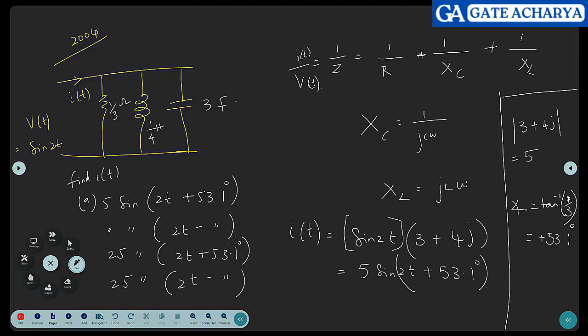Omega is 2. How did I say omega 2? Sin 2t. Omega is 2 because of sin 2t, L value given, C value given. All of a sudden this complex number will be absorbed by the sine. How is it absorbed? The magnitude goes here, phase goes here.